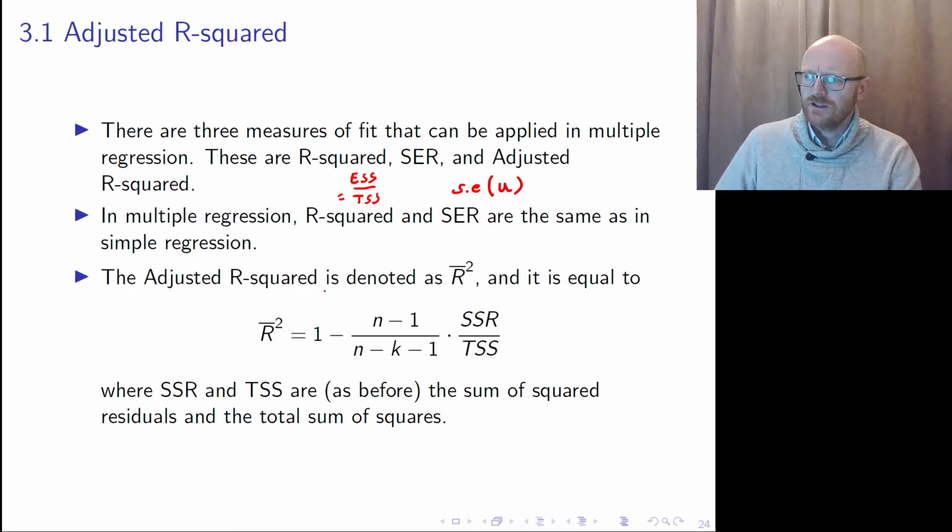Well, the adjusted R squared is denoted as R squared bar, and it's equal to 1 minus n minus 1, which is the number of observations minus 1, divided by the number of observations minus the number of independent variables, the number of x's, minus 1, times the sum of squared residuals divided by the total sum of squares.